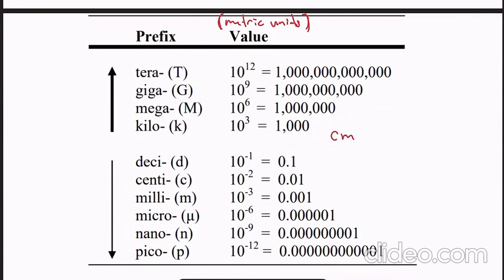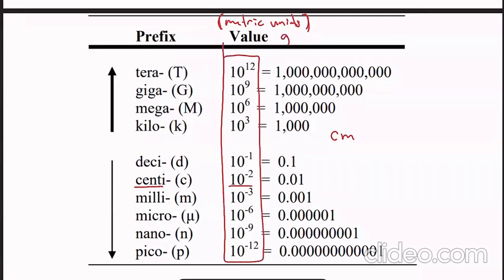Centimeter, or centi, is 10 to the minus 2. How we use this list here is for your metric units of grams, liters, meters.